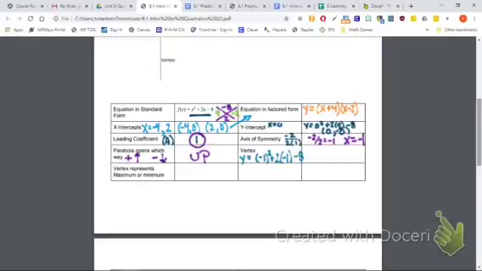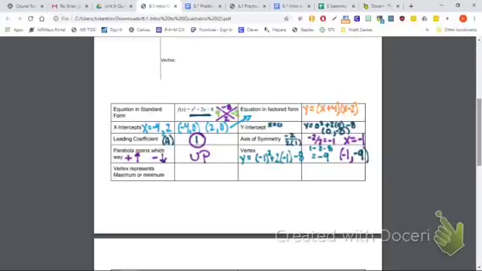When we simplify that down, that gives me 1 minus 2 minus 8, which equals -9. So my vertex is going to sit at the point -1, comma, -9.